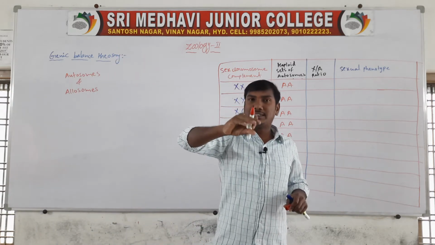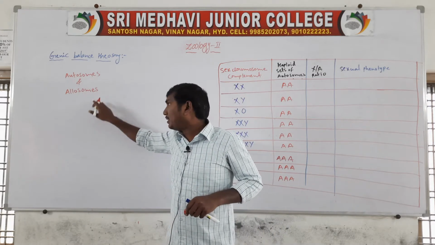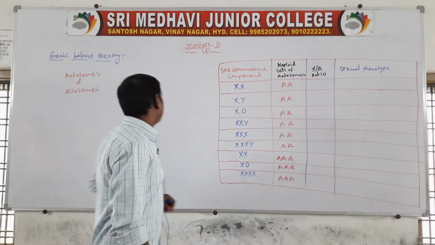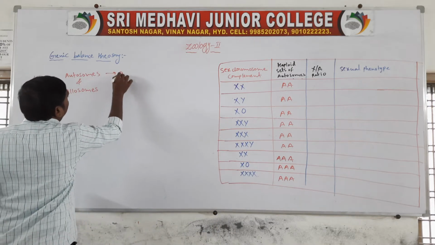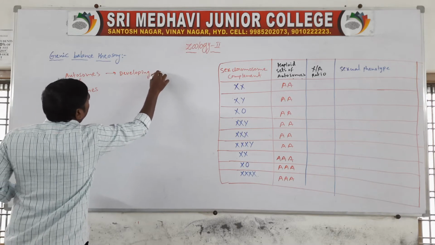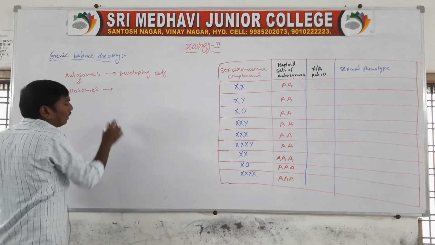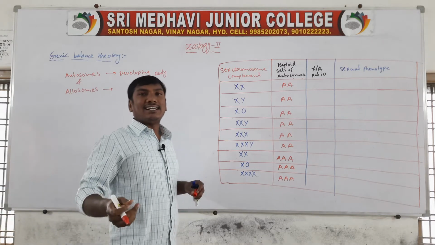In this theory, individuals normally contain chromosomes of two types, autosomes and allosomes. The autosomes develop the body, and the allosomes develop the sexual characters.